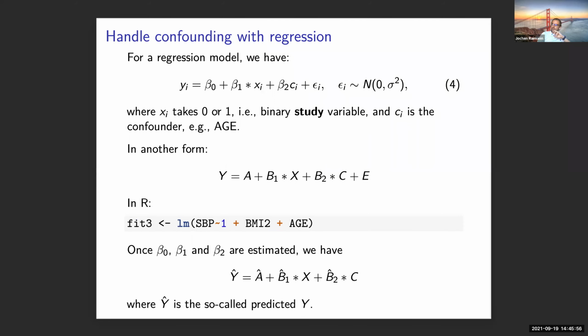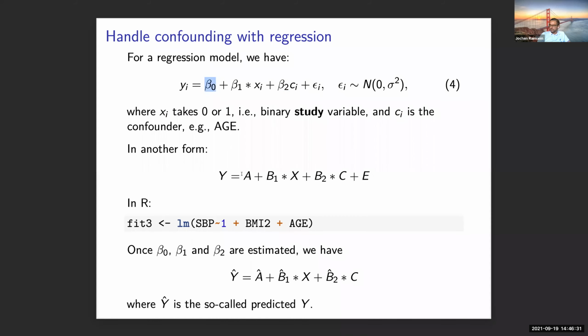But for the regression model, essentially we have an inclusion of an additional covariate as a continuous variable. So xi here remains 0 or 1, and ci is the confounder. So we are including here age, and this becomes then a predicted y.